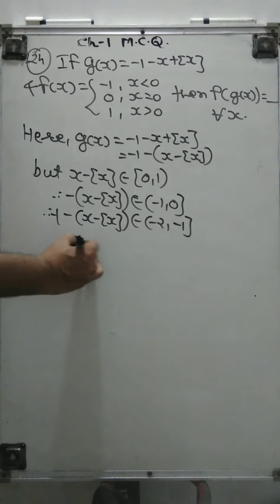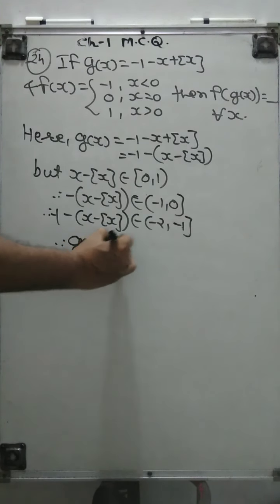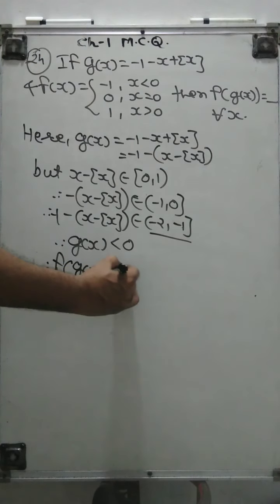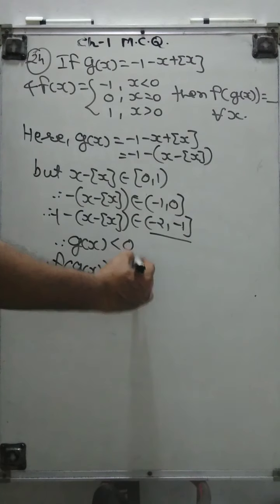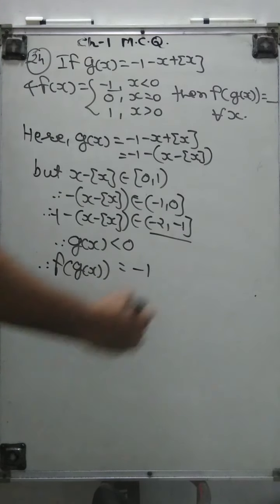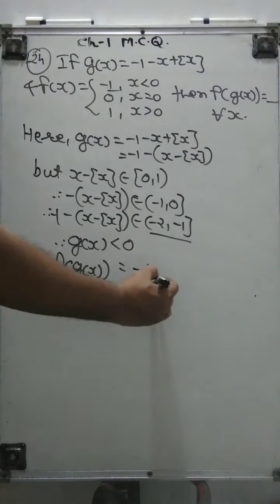Therefore we can say that g(x) is always negative, because in this interval it is always negative, and therefore f(g(x)), since g(x) is negative, is -1. Because g(x) is less than 0, our answer f(g(x)) is -1.